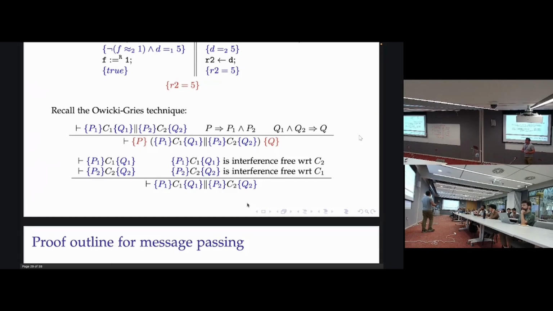Yes? I might be missing something obvious, but why are we not just saying that P2 and P3 are x equals 1? P2 and P3 here. And then Q3 is B equals x. There may be other valid proof outlines. Certainly if I put x equals 1 here, that would be okay.